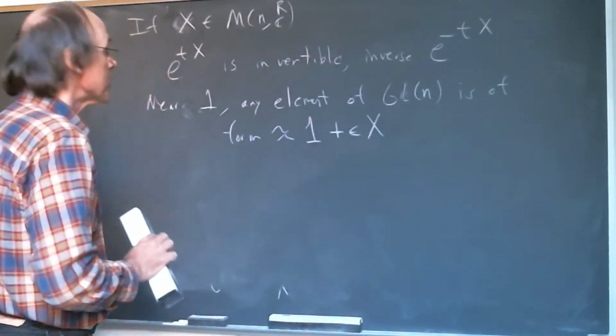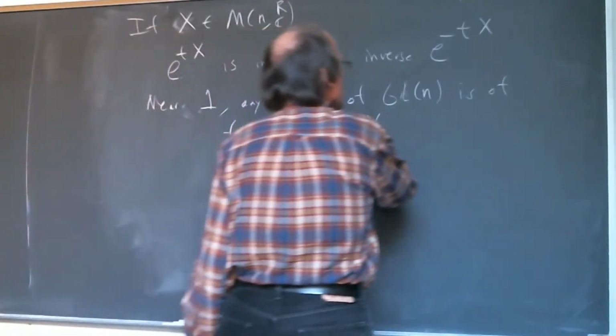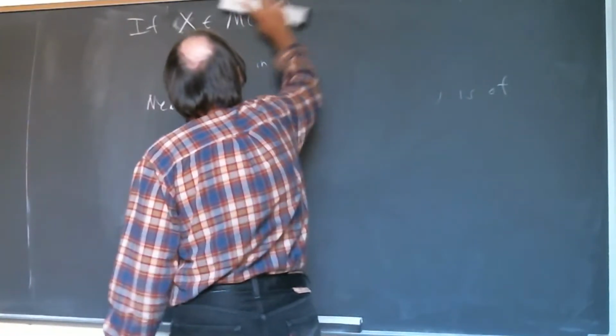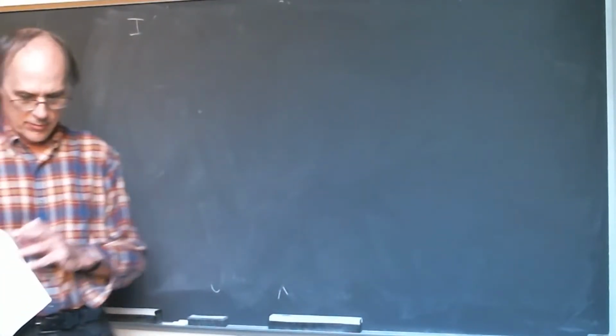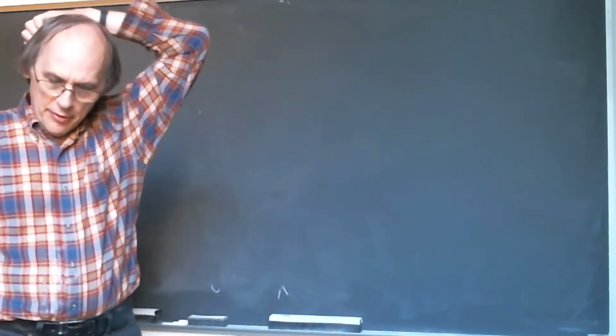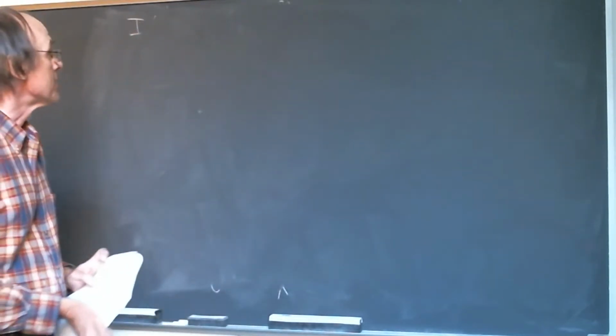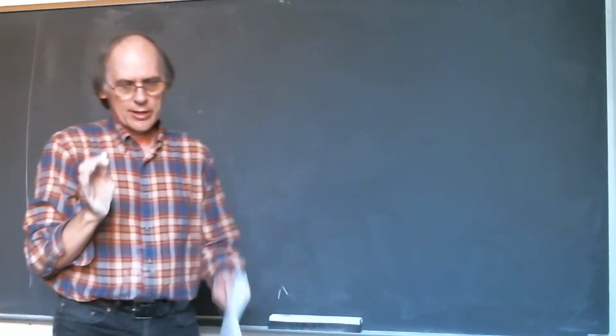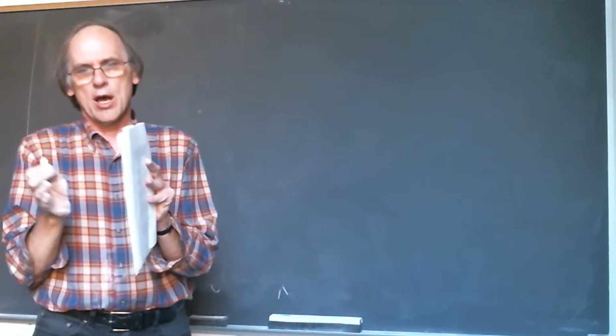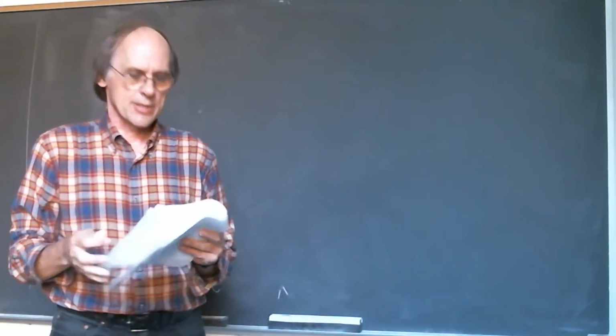Okay, so now there's another interesting thing about the Lie algebra: the Lie algebra is automatically a vector space on which the Lie group acts.